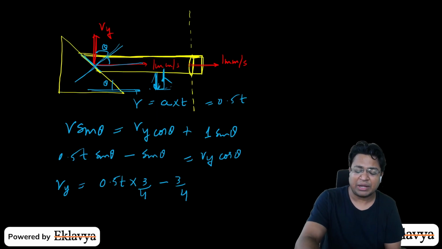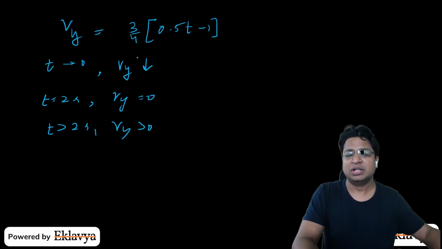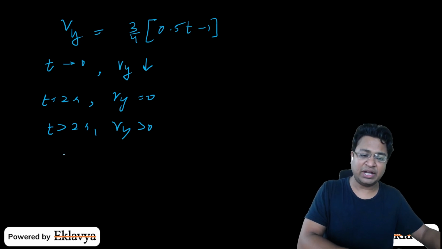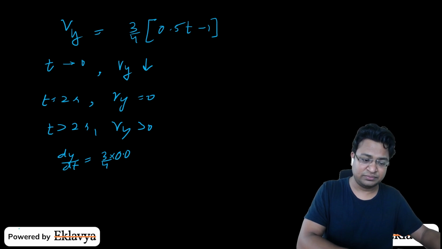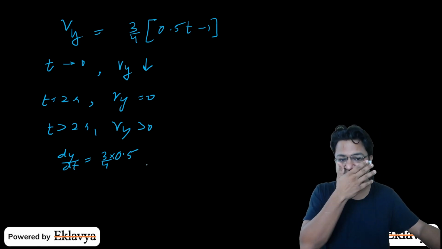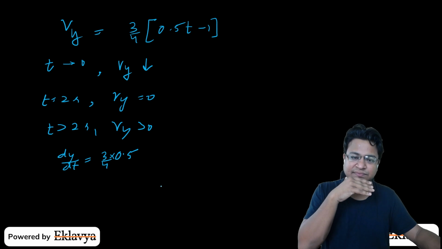Modulus of the displacement of the bar in the first 4 seconds. So we want to know what happened to the bar in the first 4 seconds. We want to know actually about the vertical displacement. So Vy can be written as dy by dt, which is 3 by 4 into 0.5 t minus 3 by 4.